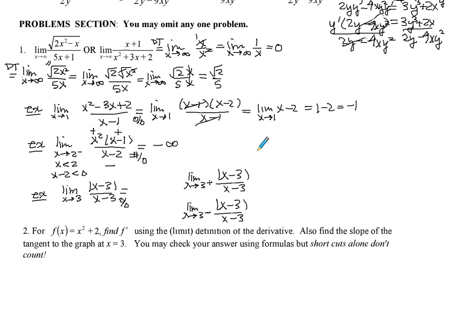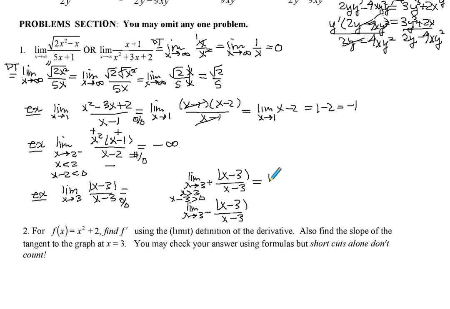So we want those two limits. If they agree, that's the value of the limit. If they're not equal, then remember the limit doesn't exist. So x approaches 3 from the plus side, that's x is greater than 3. So if x is greater than 3, then x minus 3 is going to be greater than 0. And then you can just drop the absolute values.